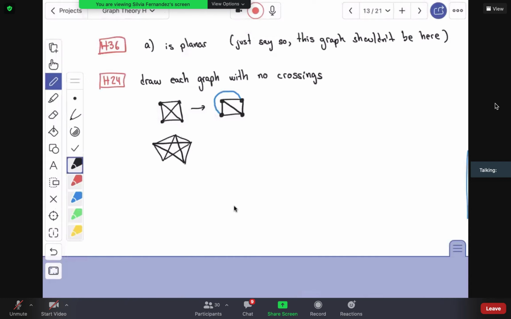So A, B, C, D, E. In that first picture, you can probably get away without using the Hamiltonian circuit. You can just say, okay, I have these crossings, I want to get rid of them, so I'm just going to pull that one out. I'm going to stretch that probably.